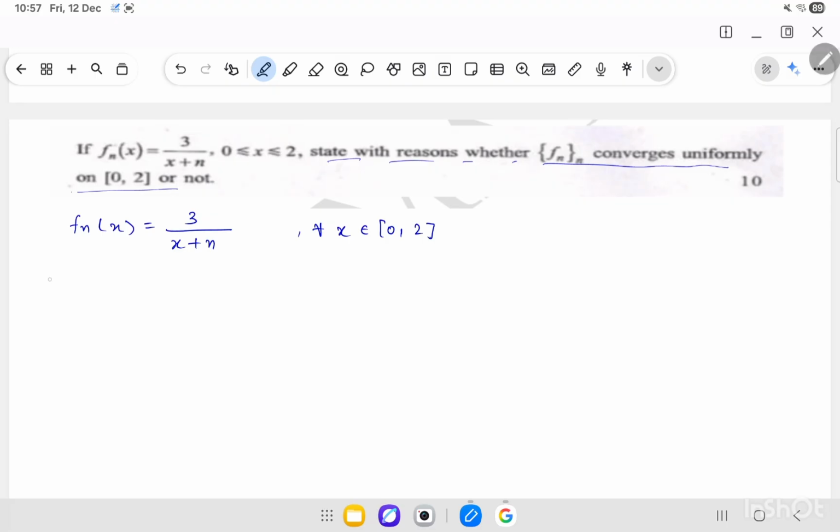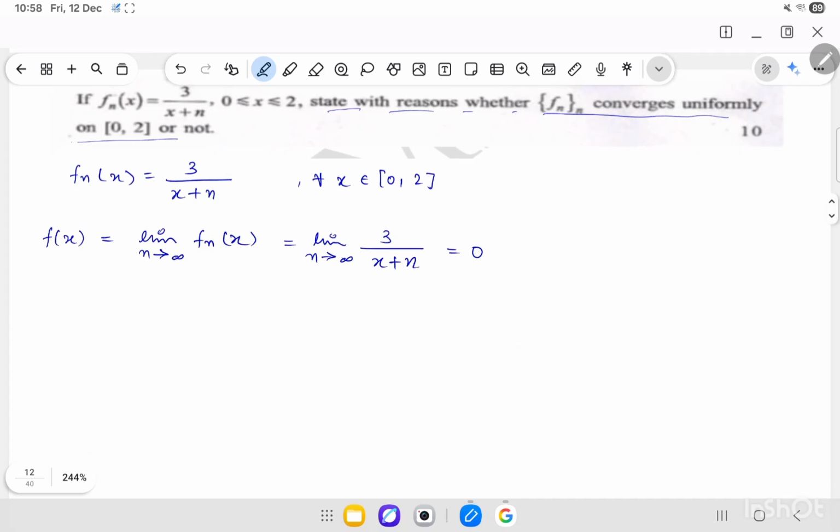So for that, first let's check its pointwise limit, that is the limit as n approaches infinity of f_n(x). It will be equal to the limit as n approaches infinity of 3/(x+n), which will be equal to 0 only. Now you can clearly see that it is pointwise convergent. Now let's directly evaluate the supremum of f_n(x) minus f(x).